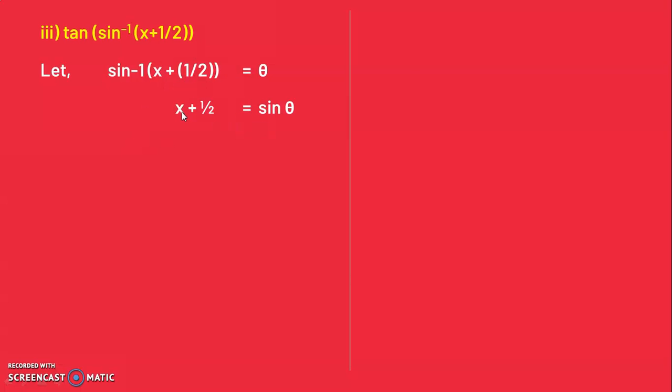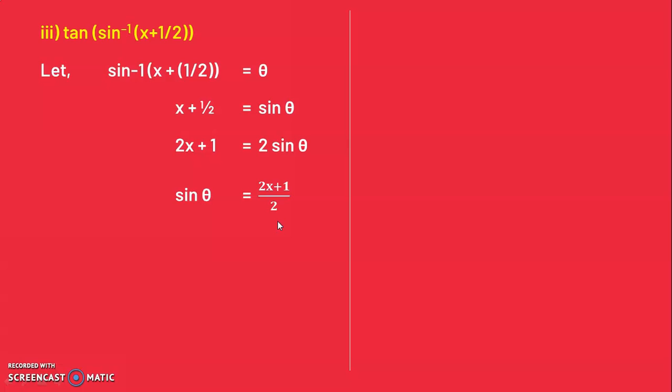The sine theta is (x plus 1) by 2. If we take the LCM here, it is (2x plus 1) divided by 2. So 2x plus 1 by 2, this 2 is taken to the right hand side. So 2x plus 1 is equal to 2 sine theta. Therefore your sine theta is equal to (2x plus 1) by 2.